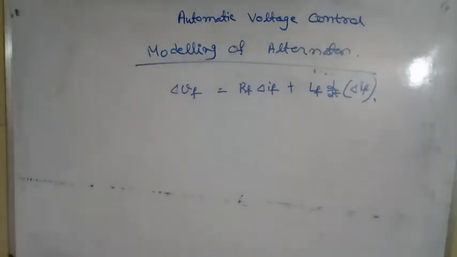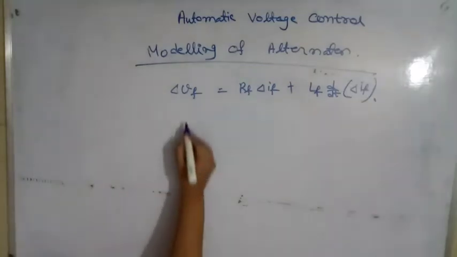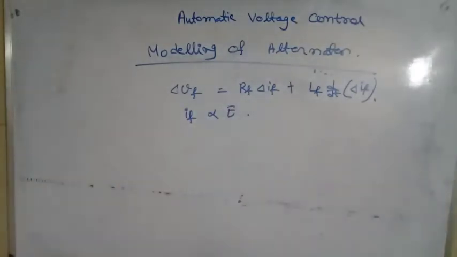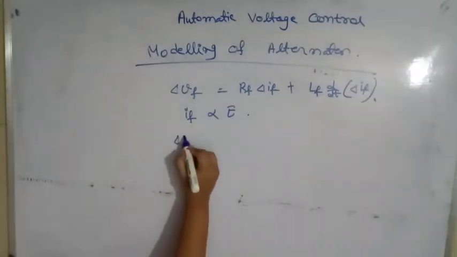Here VF is the excitation voltage of the alternator, RF is the alternator resistance, delta IF is the alternator field current, and LF is the alternator field inductance. Without considering saturation for the alternator, the field current IF is proportional to E, the induced internal voltage of the alternator.